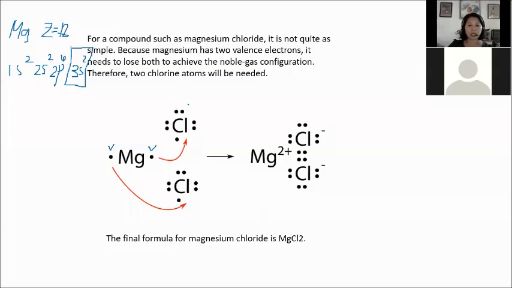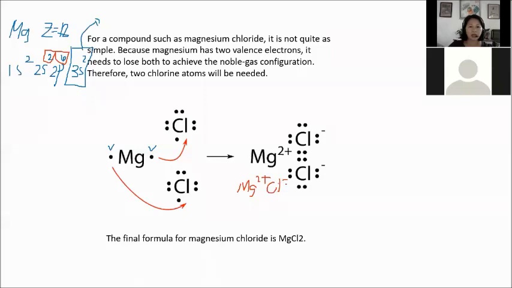This completes the octet of each Cl, and the Mg, once we remove and transfer the two electrons, becomes 2 plus 6, equal to 8, following the octet rule. After the transfer, there is an excess of protons. That's why the Mg ion is 2 plus, while the chlorine is Cl negative.